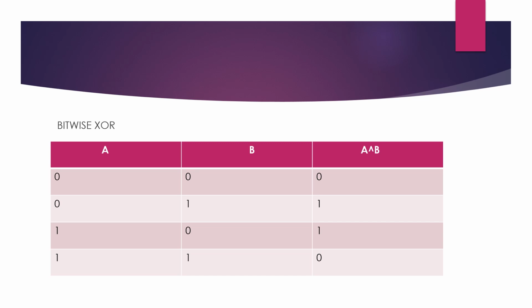We can see there 0 0 in the input, there is no 1, so it will be 0. In the second case 0 1, the output is 1 because we have an odd number of 1s. The third case is also similar, 1 0, so the output will be 1. And in the fourth case we have an even number of 1s, so the output will be 0.